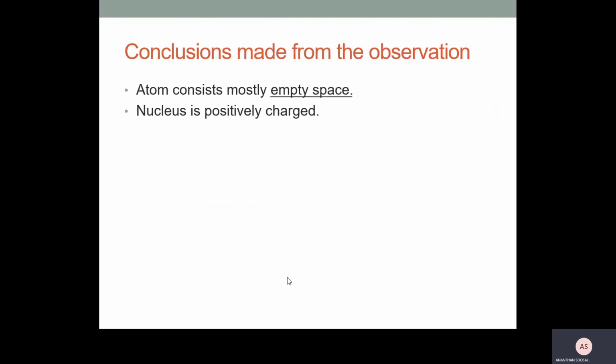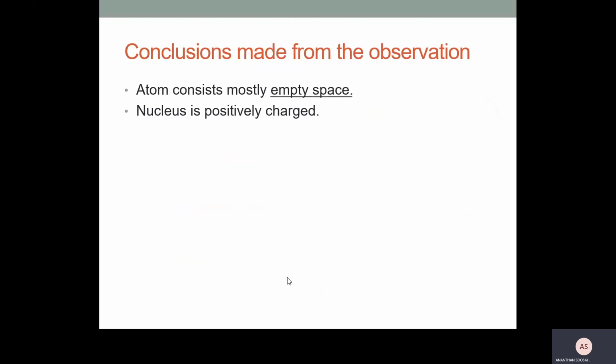A big lorry bouncing back. That means it must hit a region which is positively charged, as the lorry is helium. And because this lorry is bouncing back, it should face a region which is highly massive. That's why this bounces back, not the nucleus bouncing back.